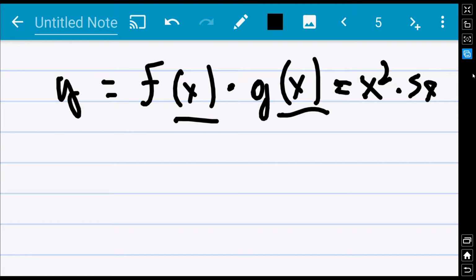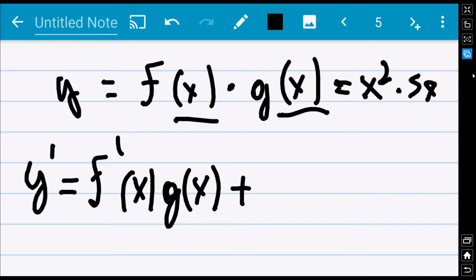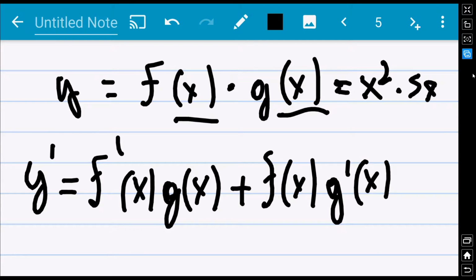It says that if you have this, then y prime equals f prime at x times g of x, plus f at x times g prime at x. It doesn't matter the order, but this is basically it.